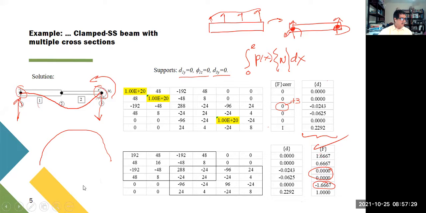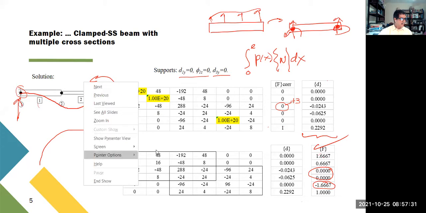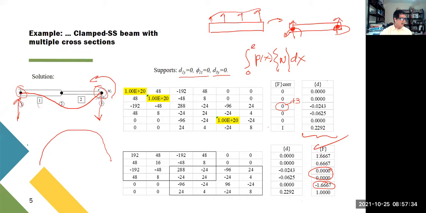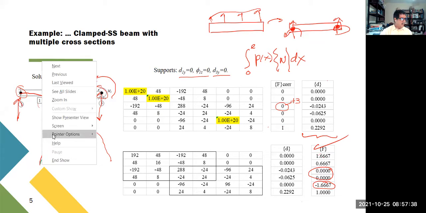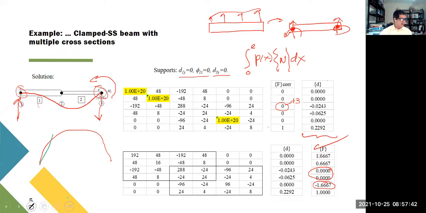That's what you do here. Then you go from here to here.